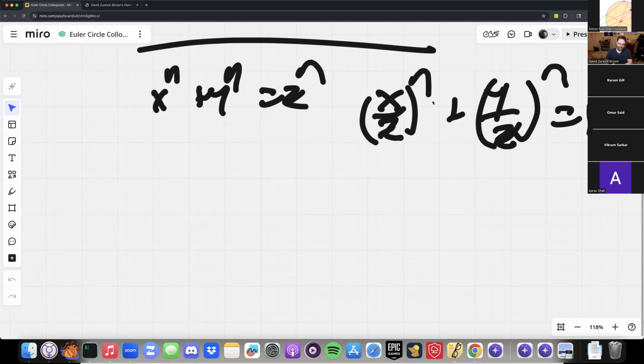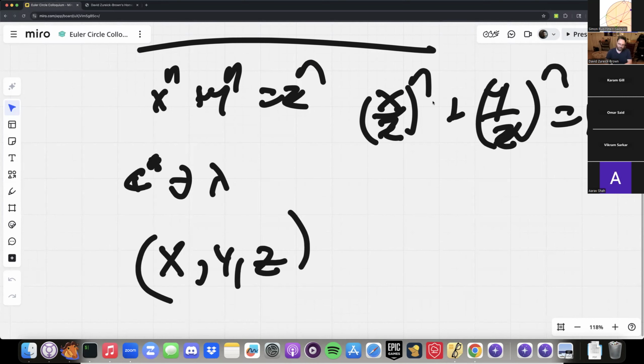And so if I take the set of solutions to this, and I take, let's just say the complex numbers, multiplicatively. So if I take some complex number, and if I take some solution x, y, z, and multiply by the complex number, if x, y, z were a solution, this is also a solution, right? Because lambda x to the n is lambda to the n times x to the n.